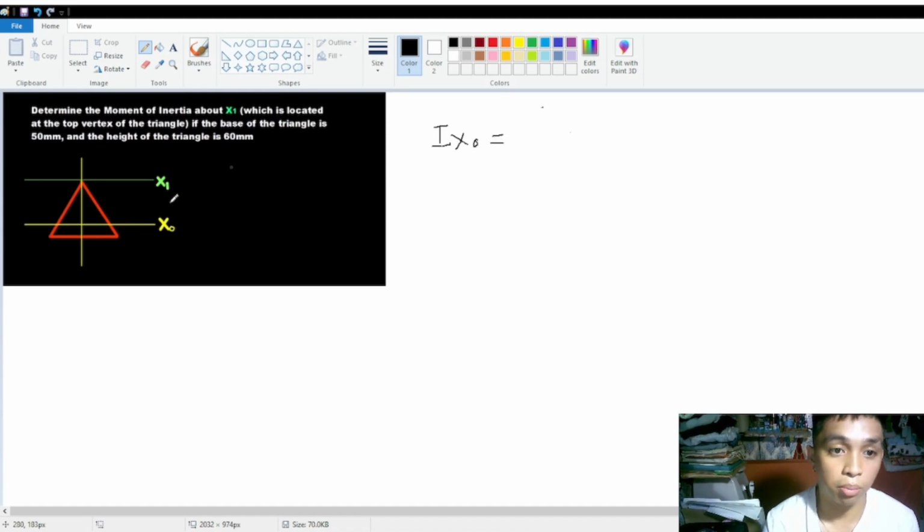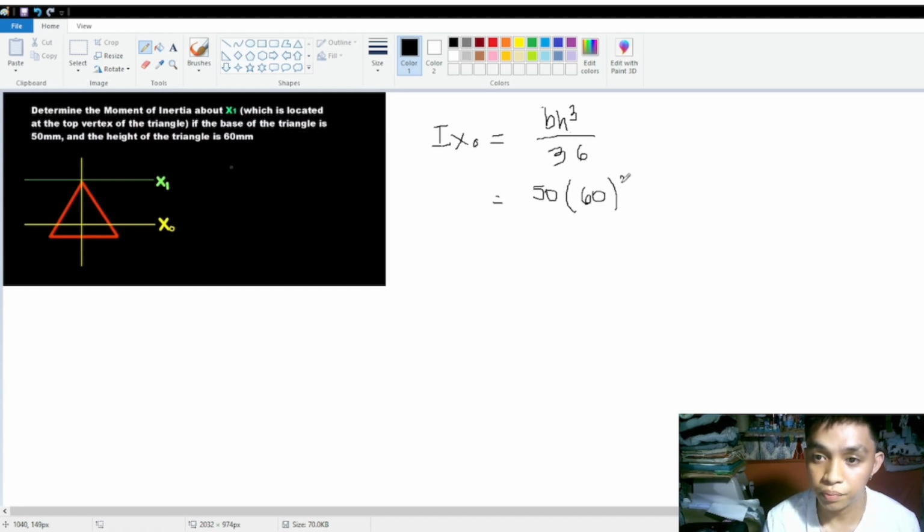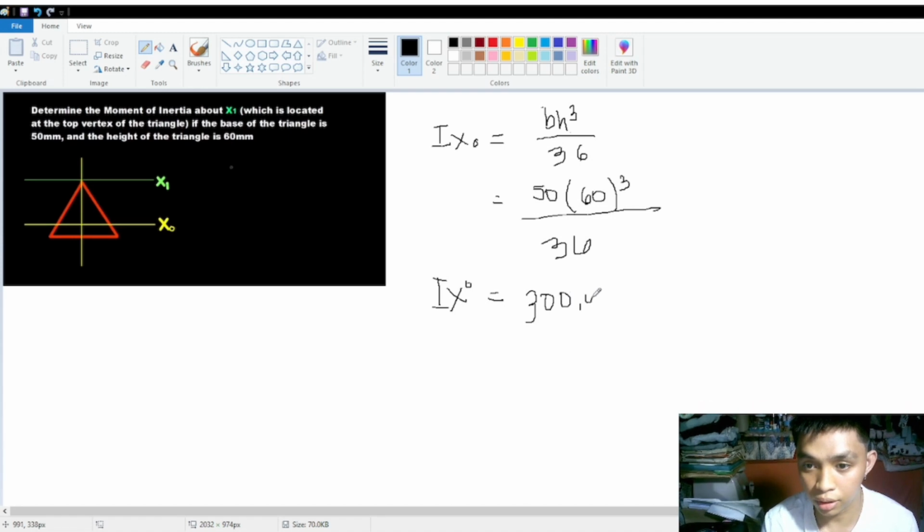The formula for a triangle is base times height cubed over 36. Direct substitution: 50 times 60 cubed over 36. The total is 300,000 millimeter to the fourth.